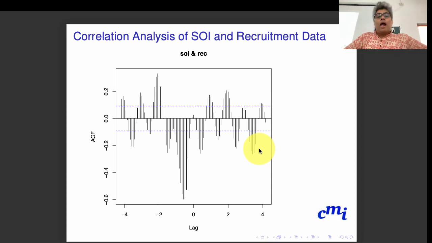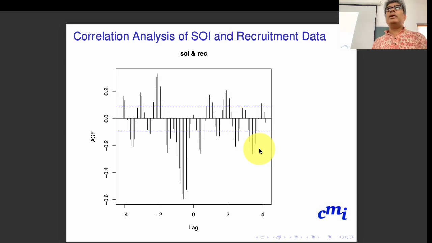If you have this kind of asymmetry, and clearly there is asymmetry in my cross correlation function, that means one series is leading another series. We will talk about it. We will do the hands-on, and when we do the hands-on, it will be much clearer to you.